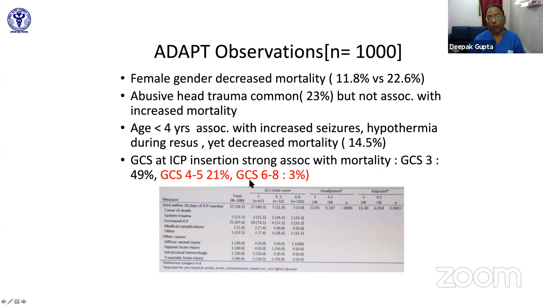And nowadays, the outcome has improved so much with advances in the medical management of these children and the strict guidelines which we followed. Even in children with a GCS of 6 to 8, only less than 3% of the children died, which I would say is a remarkable improvement in the mortality statistics in this group of severely traumatic brain injured children all over the world.